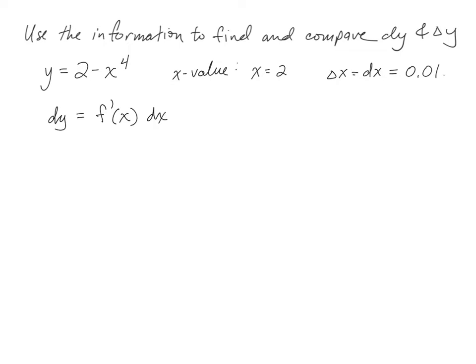And for a specific x value, which we can call c, in this case 2, we can find dy by multiplying f prime of c times dx, or as I defined it earlier, f prime of c delta x.